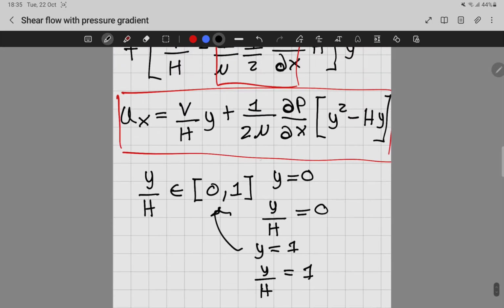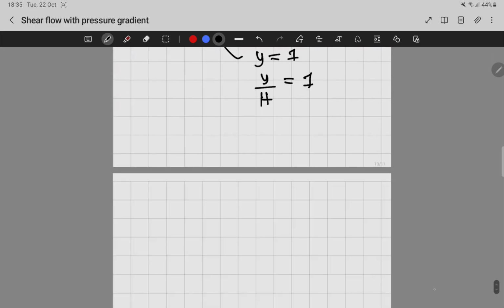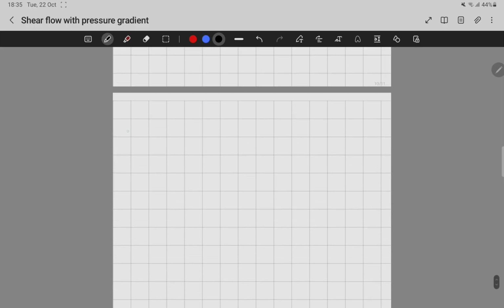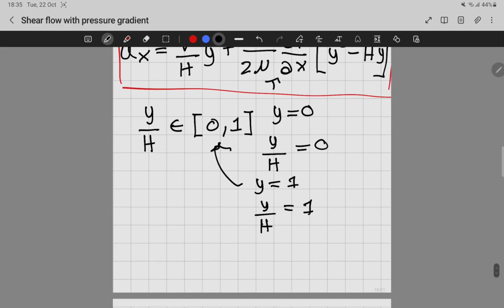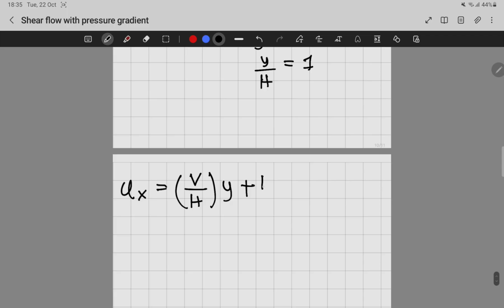So this whole equation can be written as this. I'm going to do some algebra, but I'm going to write straight the equation.